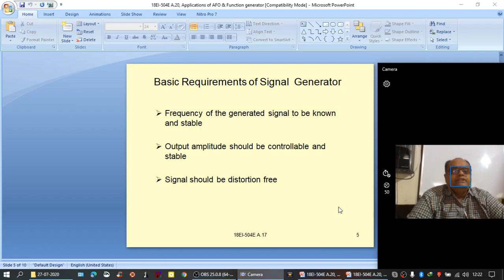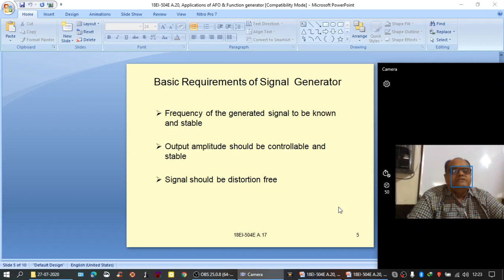And video frequency oscillators, which produce signals within the range of DC, that is 0 Hz to 30 MHz. Very high frequency oscillators, which produce signals within the range of 30 MHz to 300 MHz.